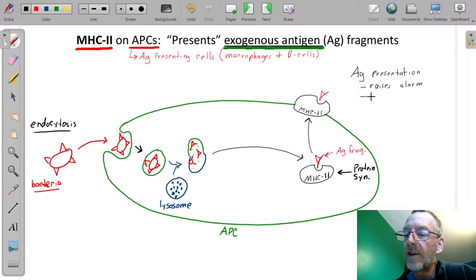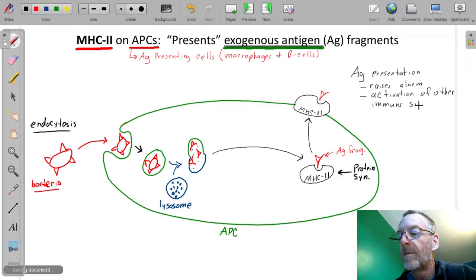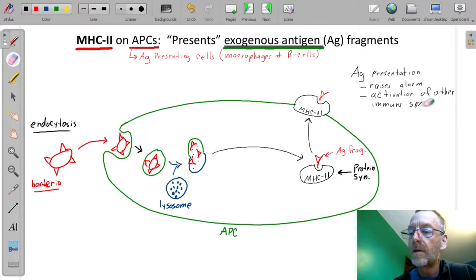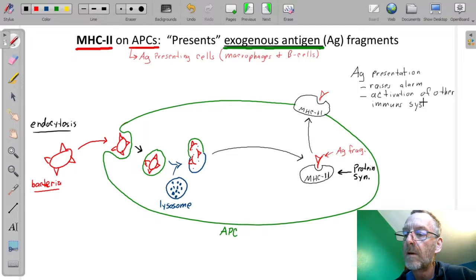And this is involved with activation of T cells and helper cells. So let's just say activation of other immune system cells.